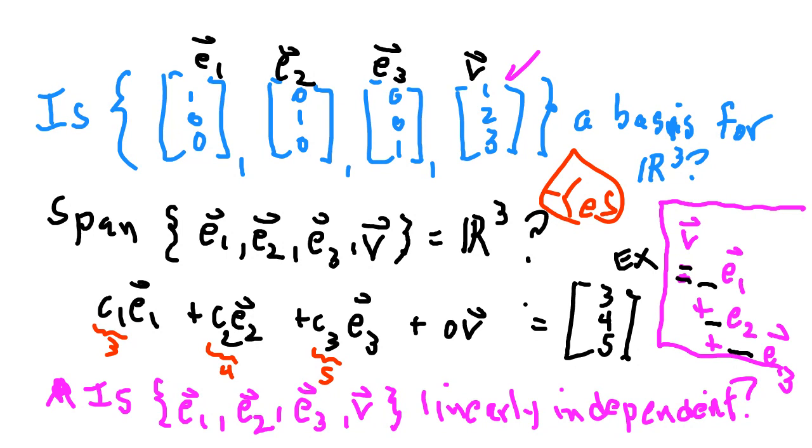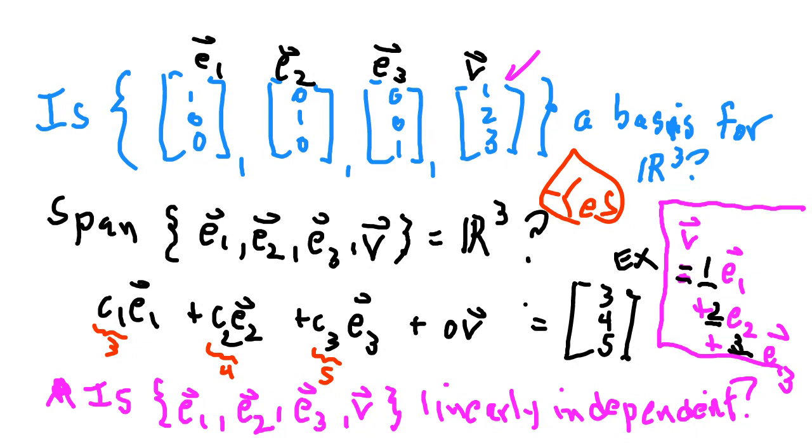Okay, Belen, 1 times E1 plus, 2 times E2, right, Marcella. And I appreciate all responses. Thank you. Very good. And then what would be in front of E3? A 3.